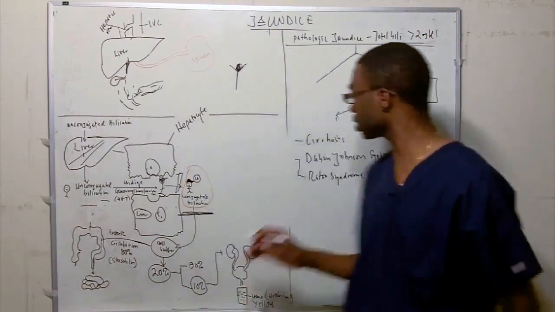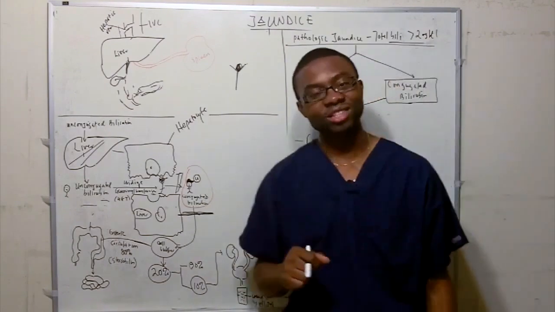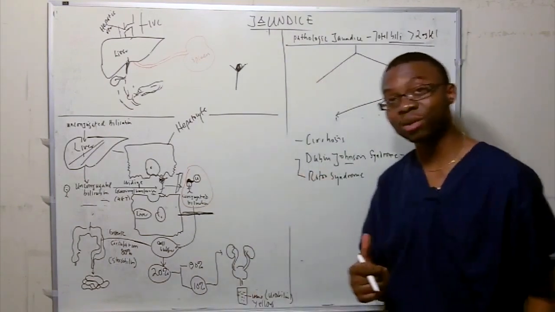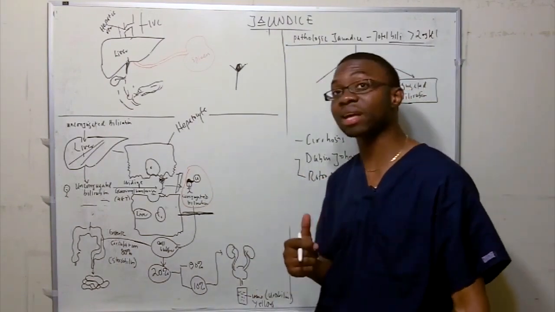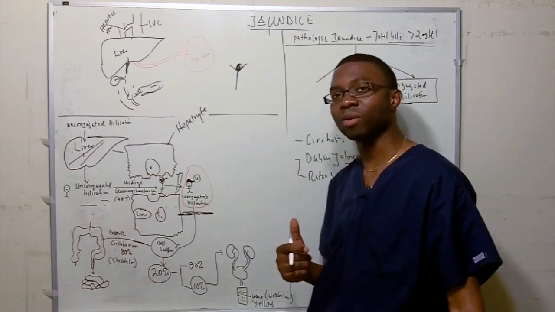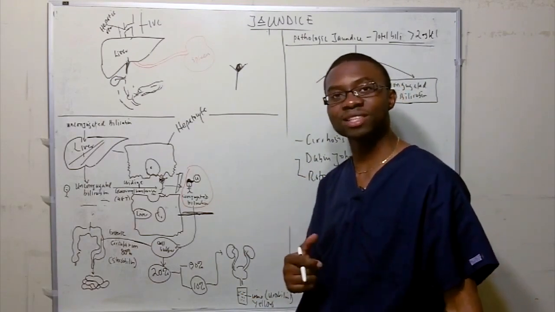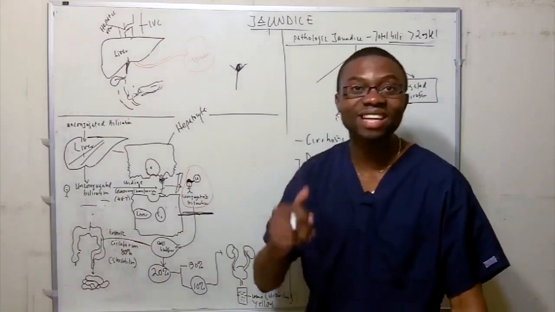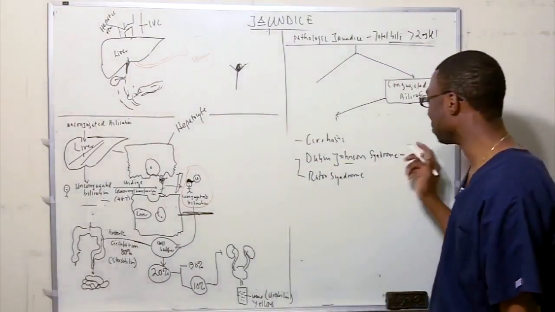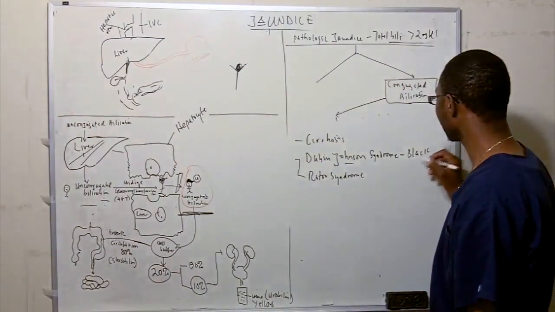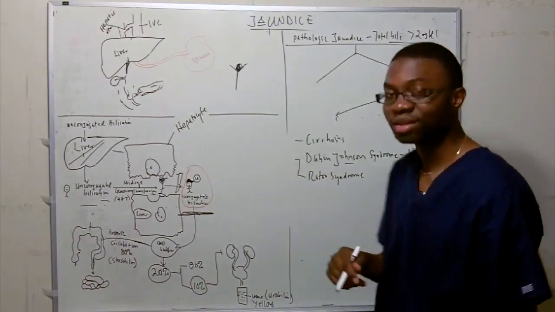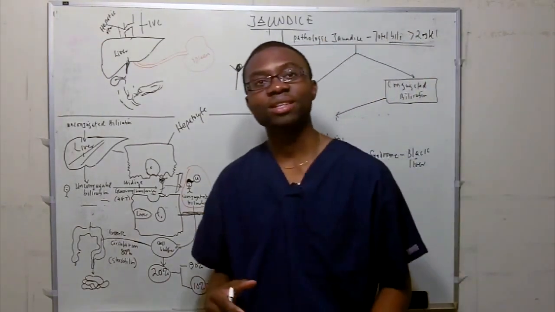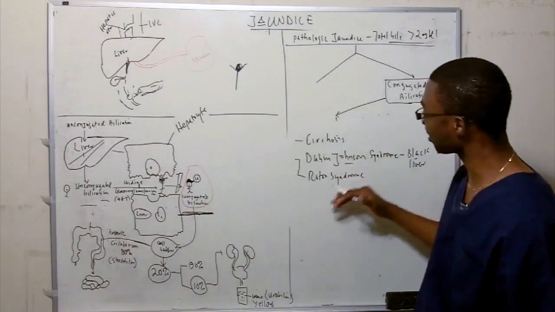But there's something special about Dubin-Johnson: it has a black liver. When they do a biopsy eventually, that's how you differentiate between Dubin-Johnson and Rotor.